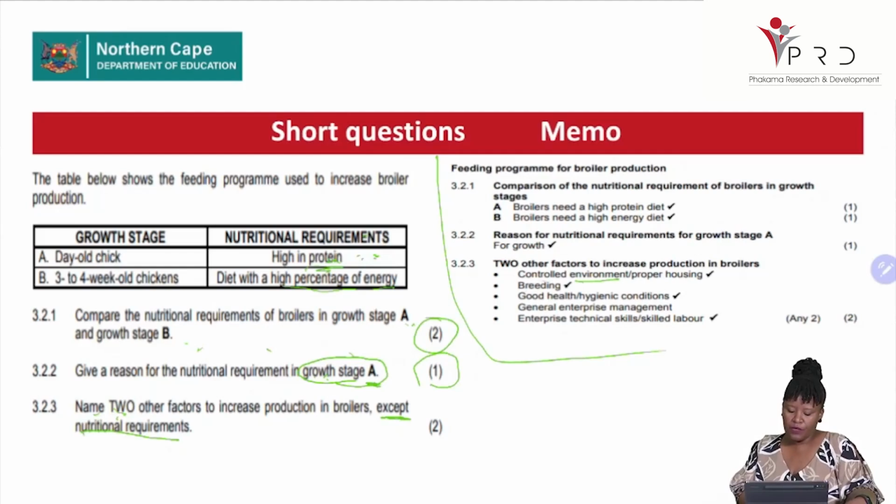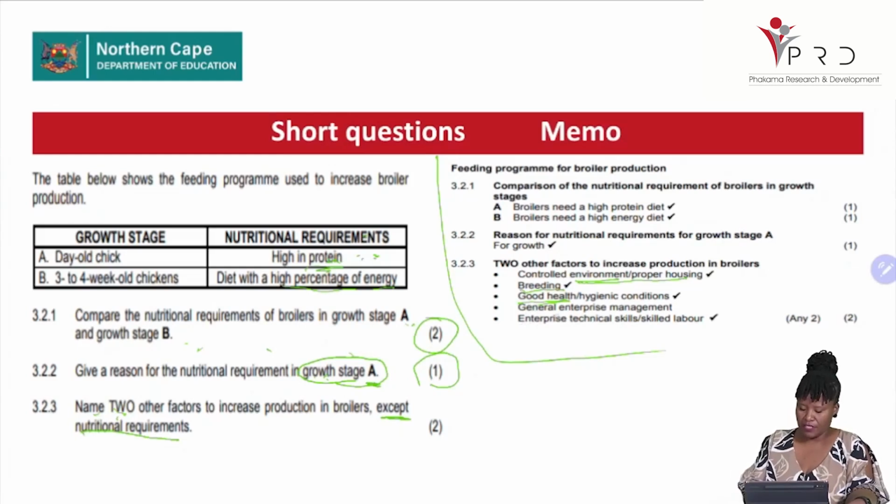We look at the environment, proper housing. We need breeding or production, good health, which means hygienic conditions are important. General enterprise management, enterprise technical skills or skilled labor.